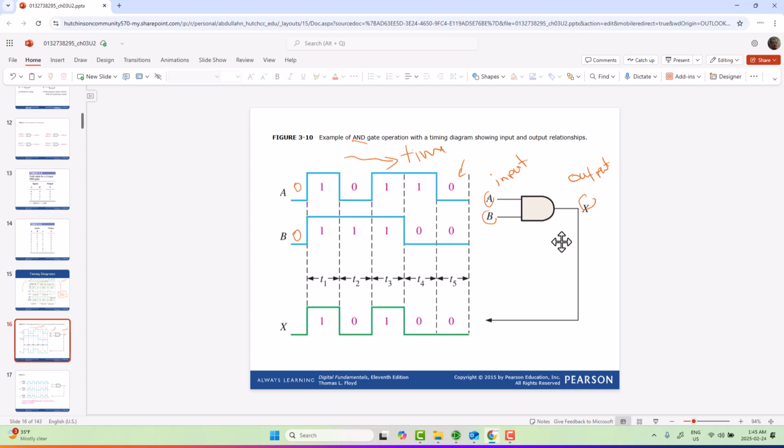When both are 0, the output is also 0. But when they change to high, during this period, T1, the output gets affected as well, and so on. So we're going to be using Logisim to see how such behavior happens.